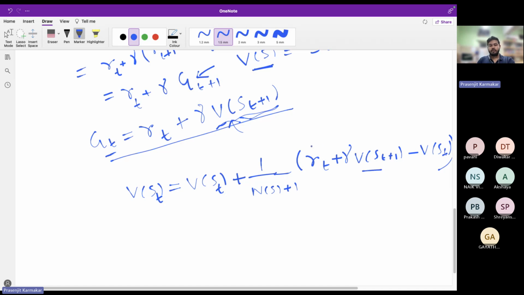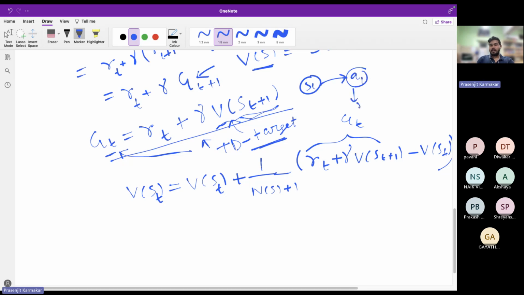Basically, you replace the G_t with the temporal difference. In theory, this is called the TD target. It's basically an approximated version of the return using the value function. This is temporally different, following the temporal structure of the environment, right? So S_t, then you take A_t, you get some reward R_t, and then you transition to S_{t+1}. That is the temporal structure it follows.